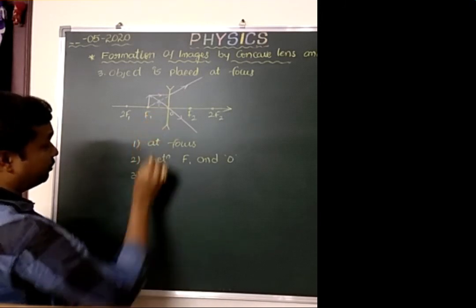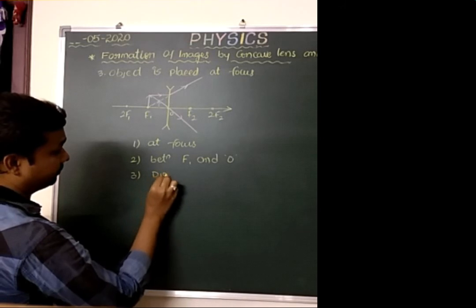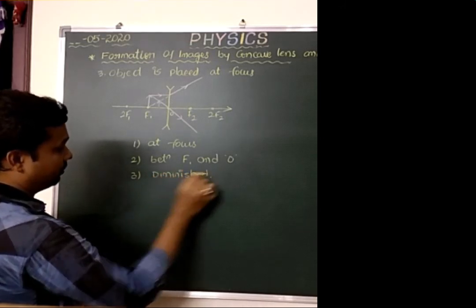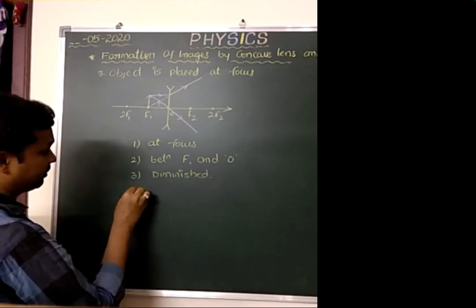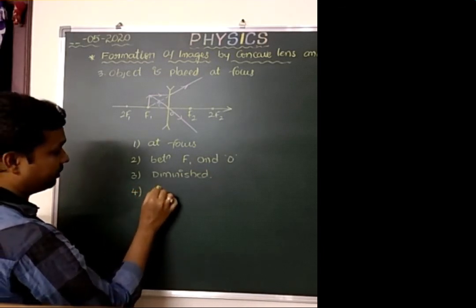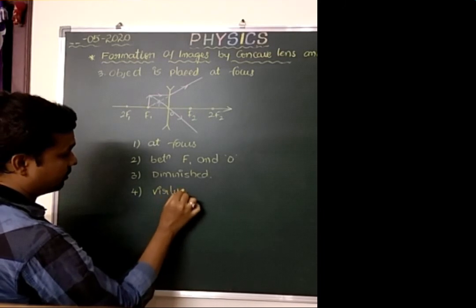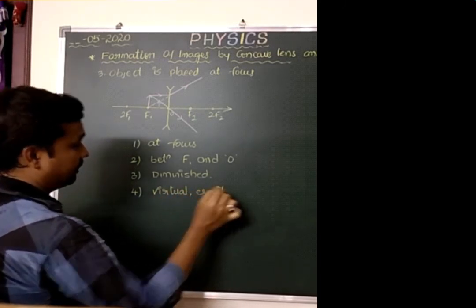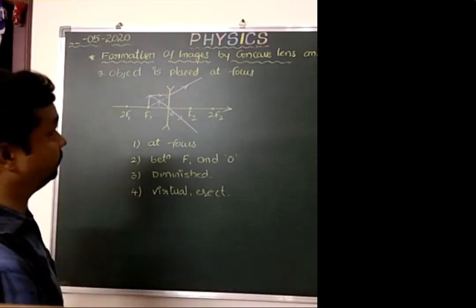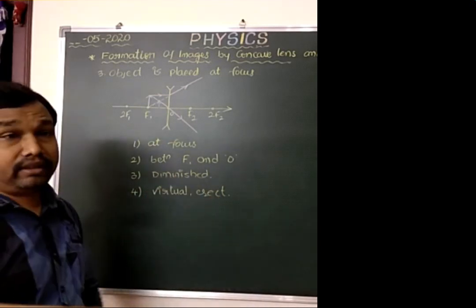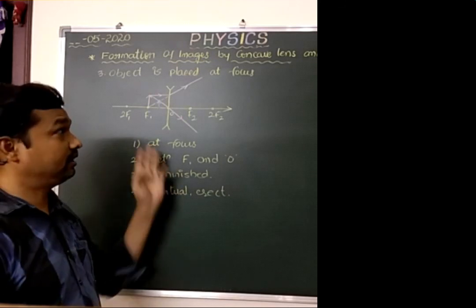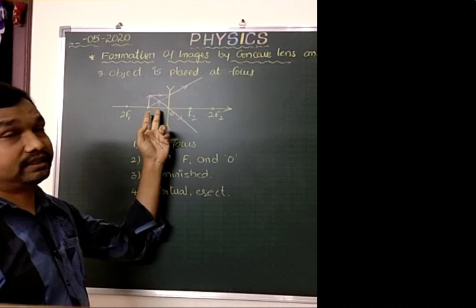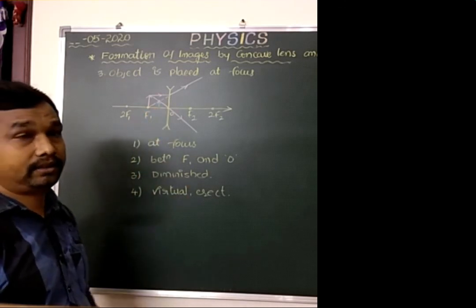Size of the image is smaller, nothing but diminished. What is the nature? Nature of the image is virtual and erect. In these concave lens ray diagrams, the image is always forming in between focus and optic center, within the focal length.